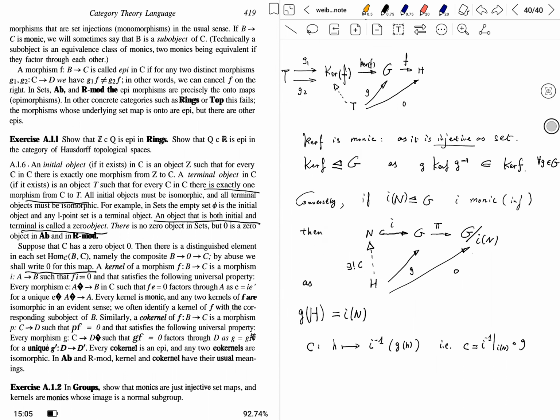Secondly, to show that all monomorphisms whose image is a normal subgroup are exactly the kernels, which means kernel as a map, as a morphism, is equivalent to monic morphism plus image being a normal subgroup.